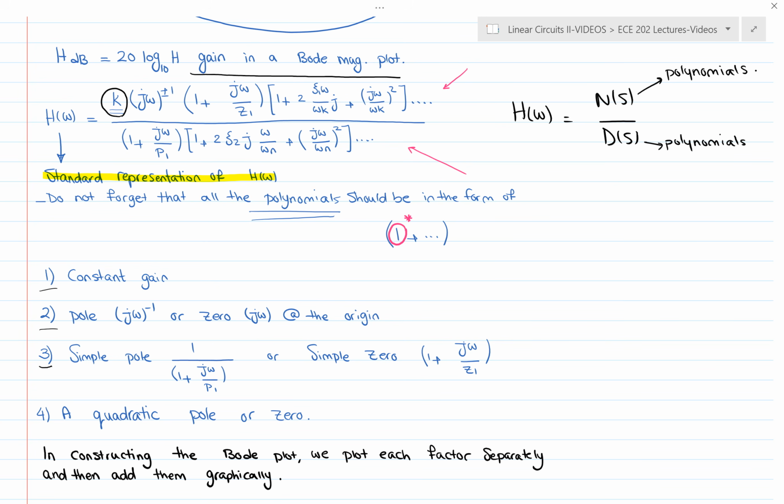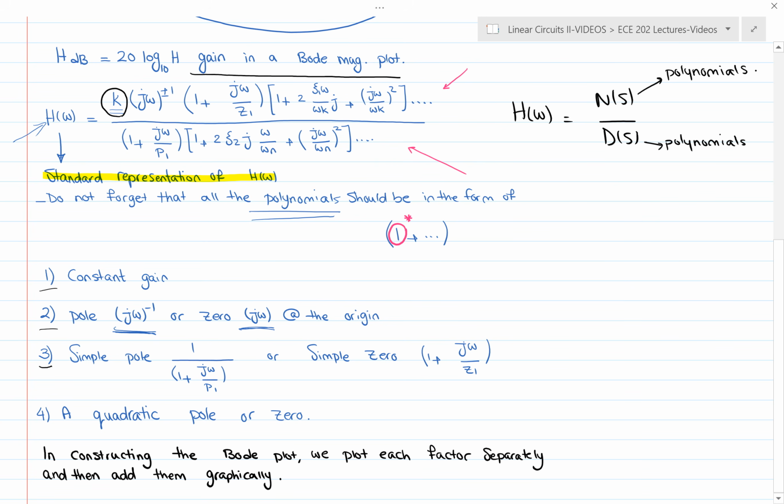Okay, so as you can see, if you look at this standard representation of the transfer function, we may or may not have a constant gain of k, which is a constant number obviously, and we may or may not have a pole or a zero, j omega to the power of -1 or 1, at the origin.